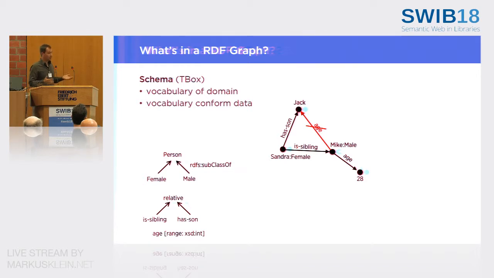So your triple store typically does not complain if you give them those kind of triples. They're typically not schema aware, but in my understanding, that's really something which we should take care of, that the data really is conforming to the schema. It doesn't use types or relationships which are not introduced at some point in the schema.